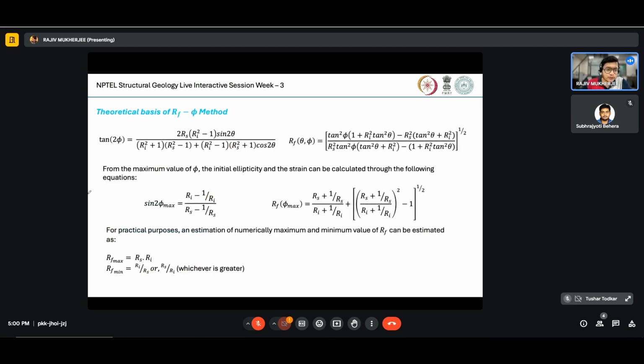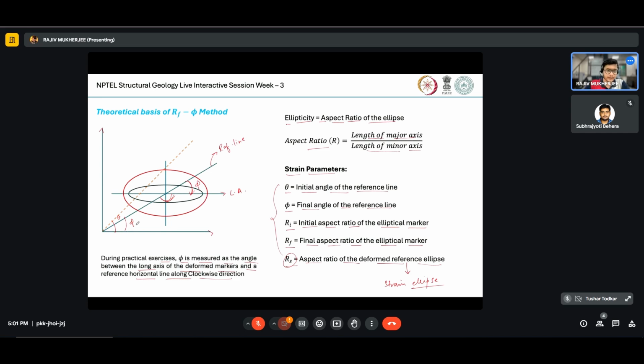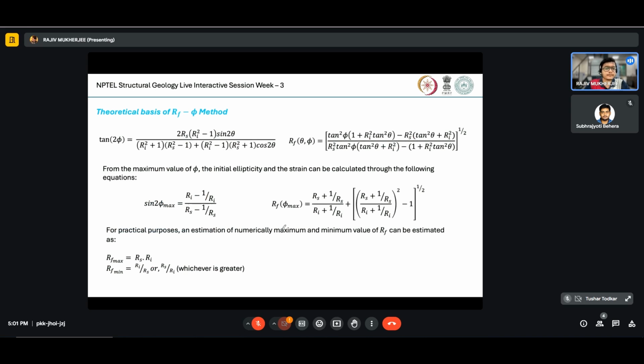Based on the theoretical consideration of different angles and different aspect ratios, we yield certain formulas.